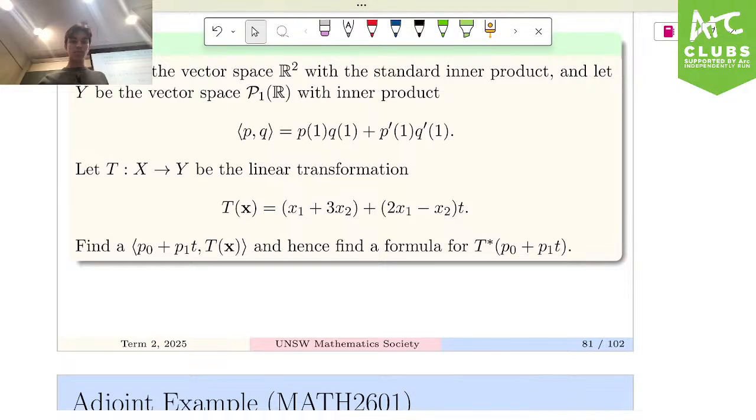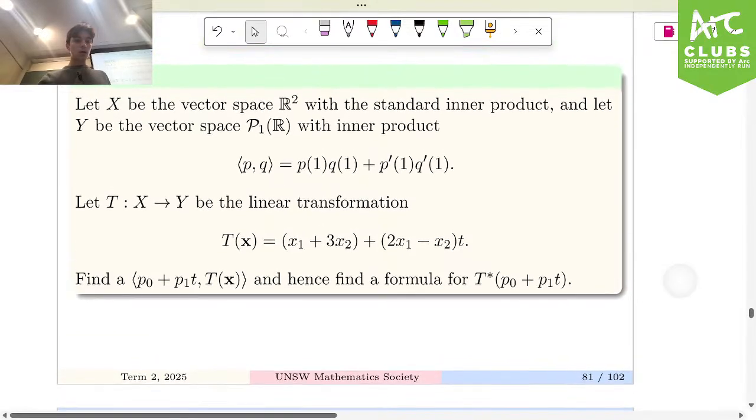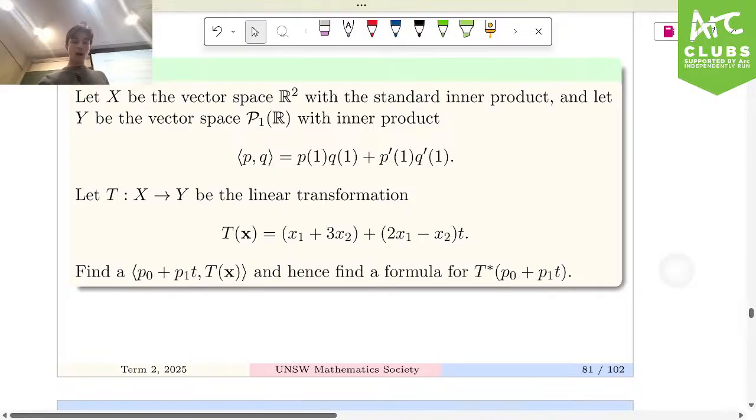Let's see what's happening here. We are actually asked to find an expression for the adjoint of a linear map. This is quite a unique question.